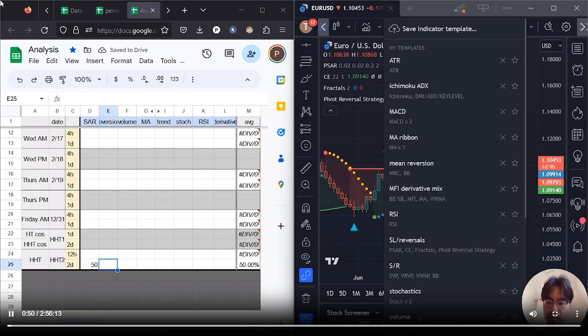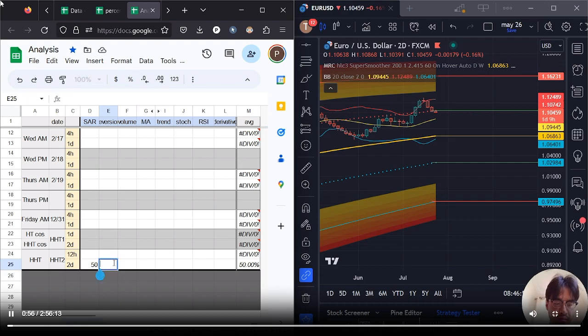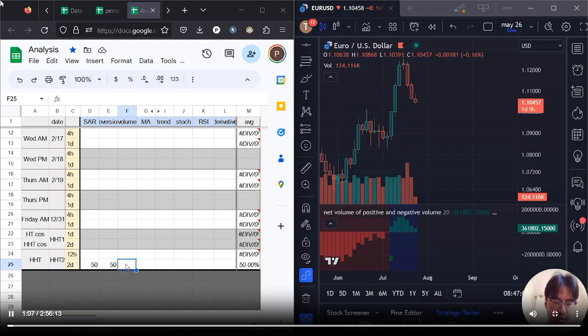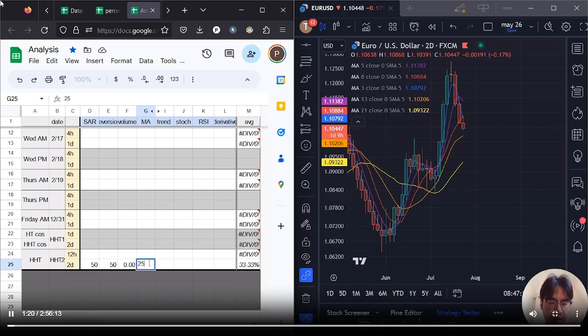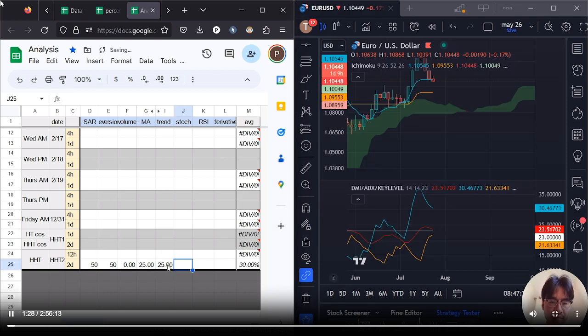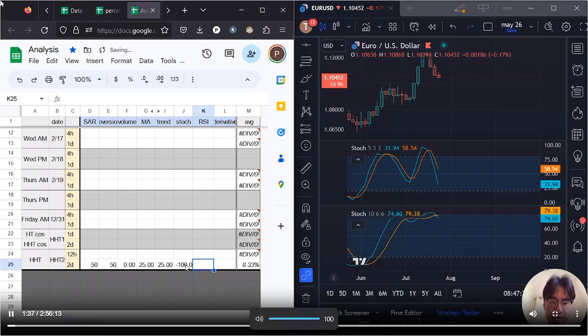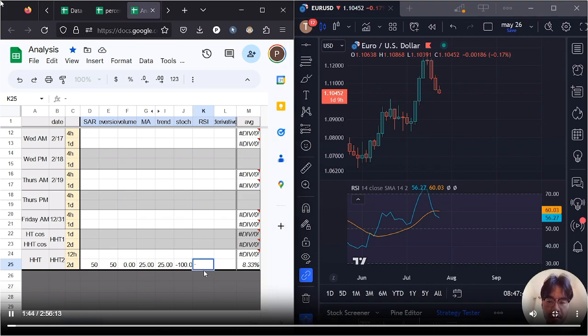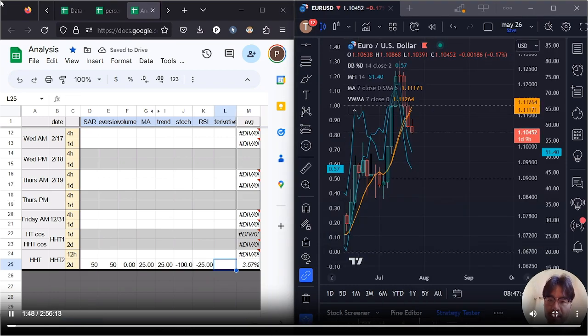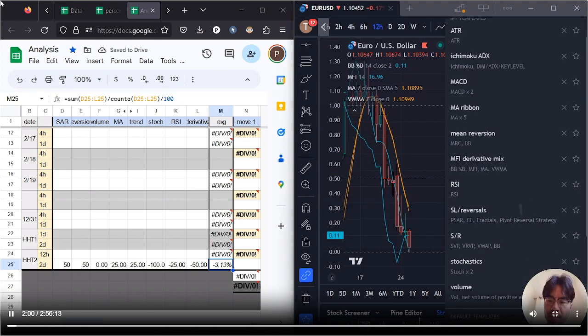SAR 50, reversion minus 50, volume 0, MA 25, Ichimoku 25, stochastics minus 100, RSI minus 25, derivative minus 50 on 12 hour.